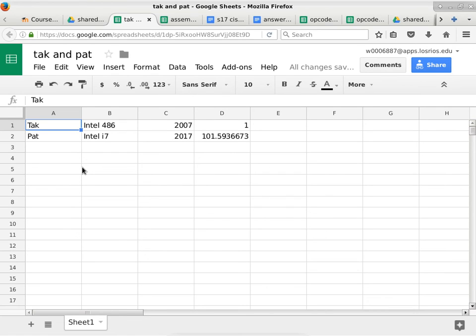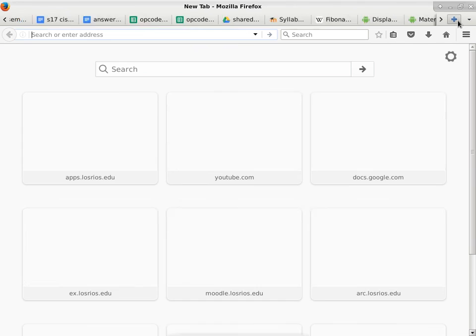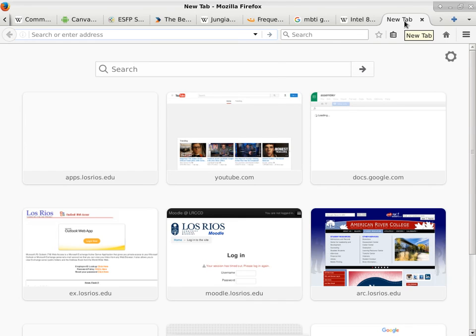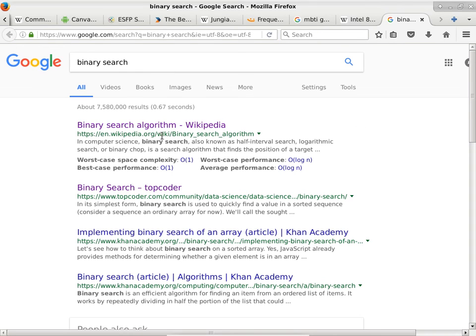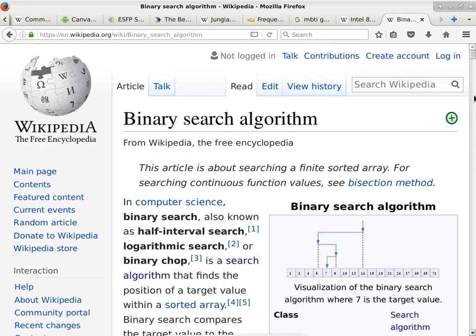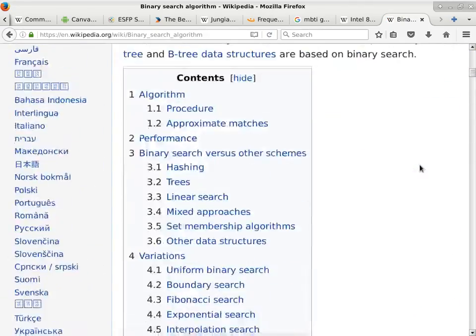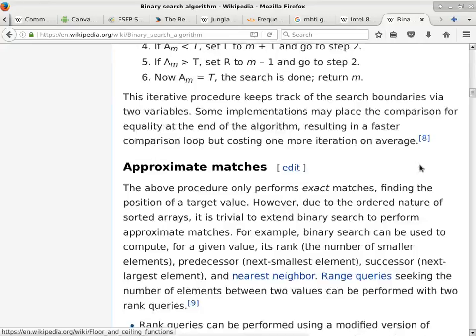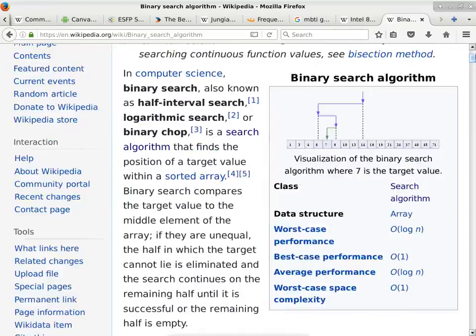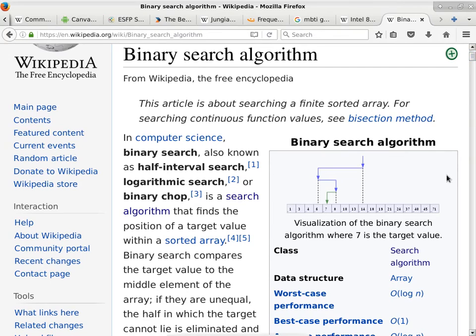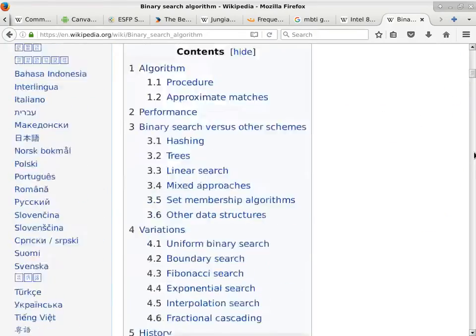Now, when you look at the algorithm of binary search, it is a little bit more complex. So when you look up binary search, we're just looking at the algorithm itself. It's not really that bad. I mean, many of you probably have implemented binary search already. Just regular search. Okay.